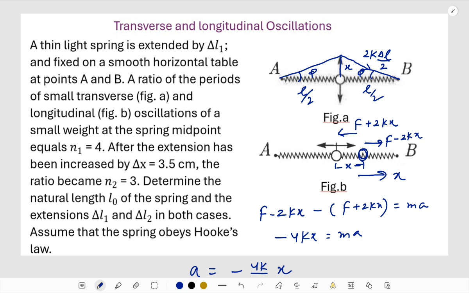So increase in L is delta L, then increase in L by 2 is delta L by 2. So I'm going to write this, and the same force acts in this direction, and this is simply k delta L. That means 2 gets cancelled out.